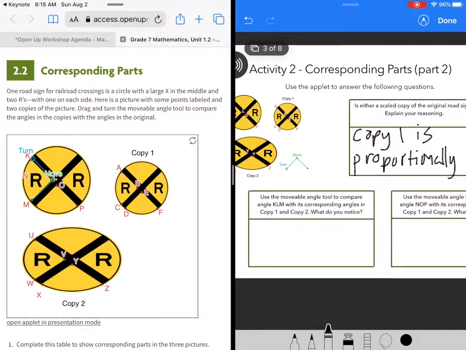So I've got it on KLM with its corresponding angles on copy 1 and copy 2. What do you notice? So KLM, I want to get it as perfect as possible. All right, that's as good as she's going to get. Now I'm going to pick it up and I'm going to move it.